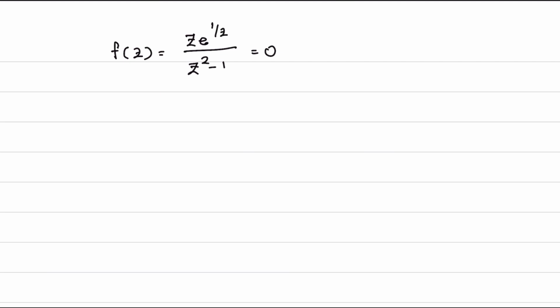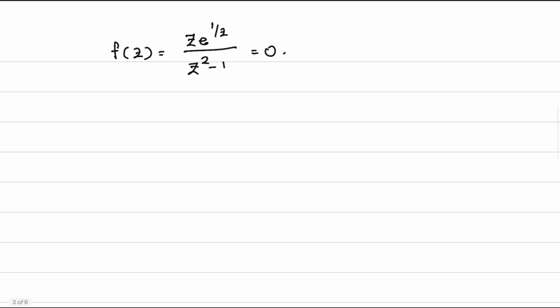This is equal to 0. Because the circle is given, we have to see that f(z) is equal to 0 within the given circle, which means the value of z is such that it lies either on the circle or within the circle. We have to find z from this function.